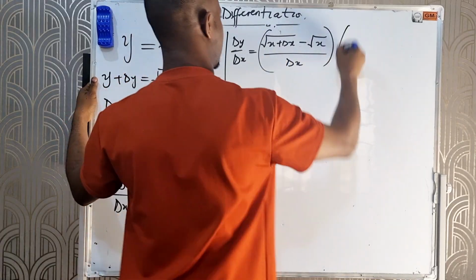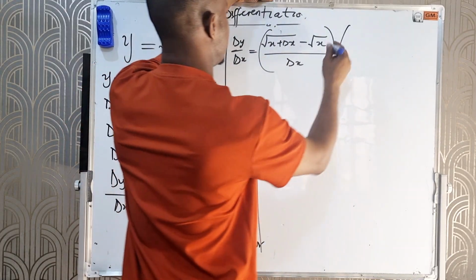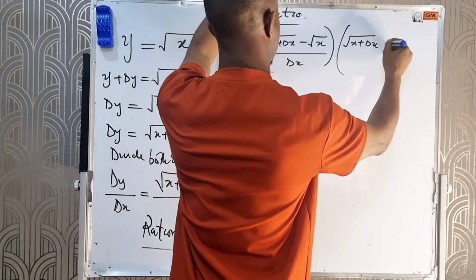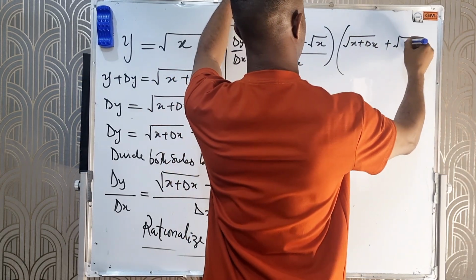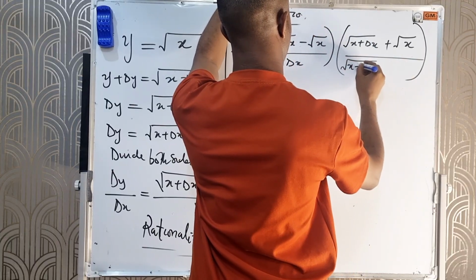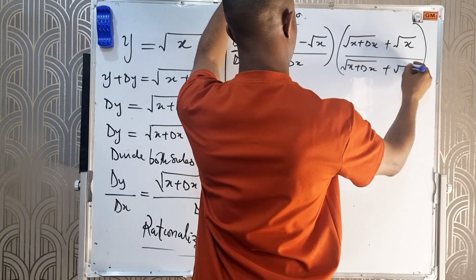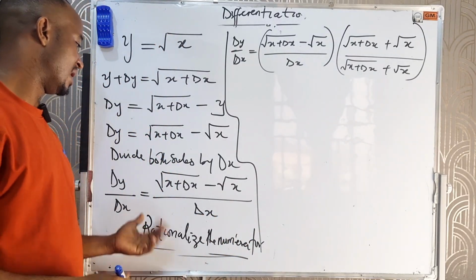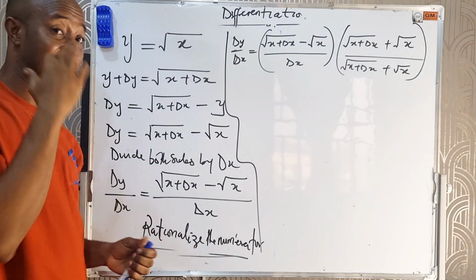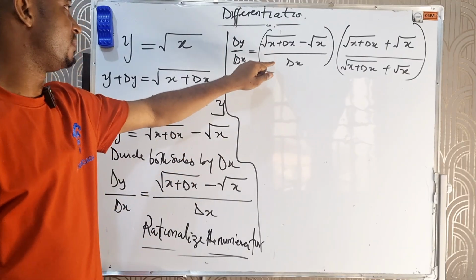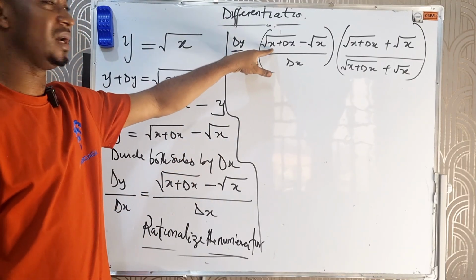Then times the conjugate of this will give us root x plus delta x plus root x divided by what again? Root x plus delta x plus root x. Look at this here. This is what we mean by rationalization. To rationalize the numerator means I'll multiply the numerator and denominator by the conjugate of the numerator.